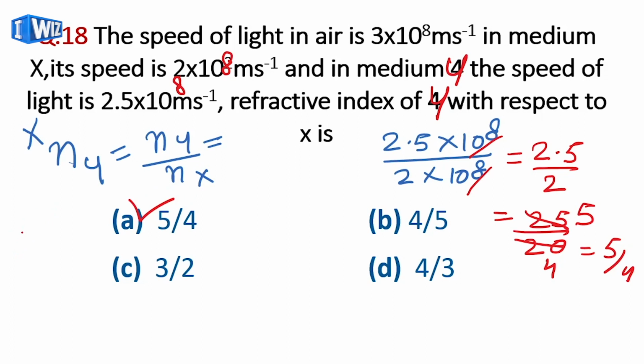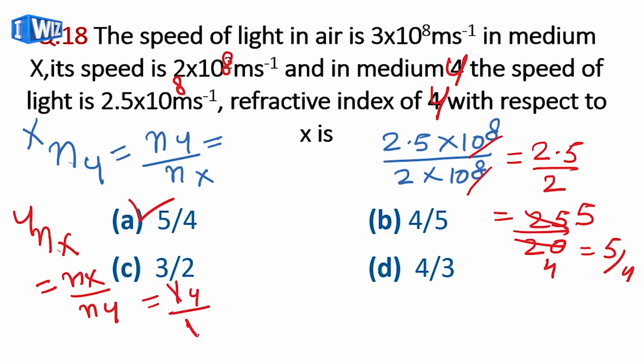Always keep in mind that if I am taking the refractive index of medium x with respect to y, firstly you will take x, then in the denominator you will take y, and you know that refractive index is inversely proportional to the velocity. So here vy will be in the numerator and velocity of x will be in the denominator because it's inversely proportional. So I hope it is clear to you.